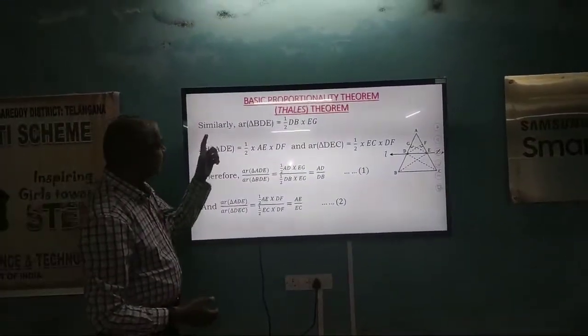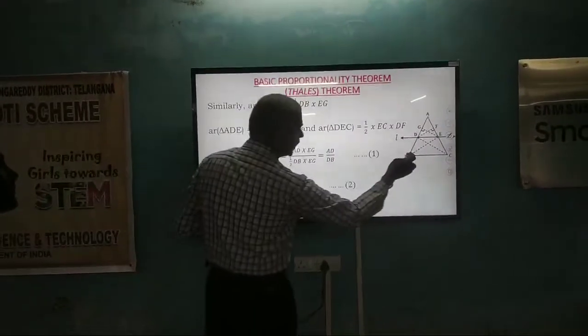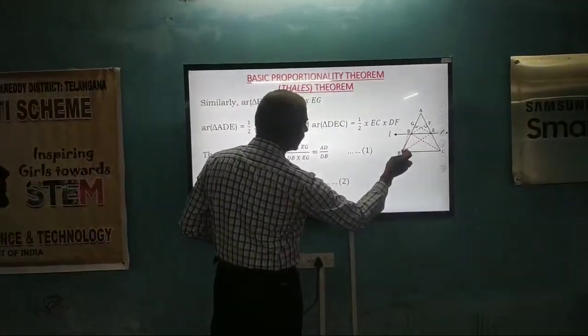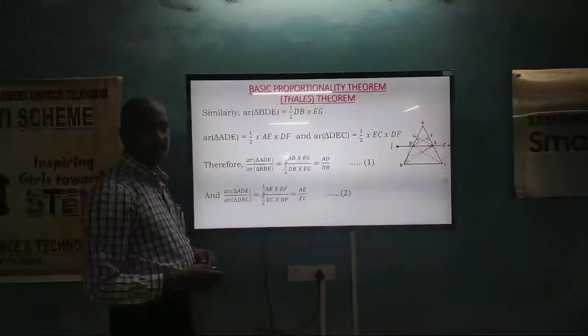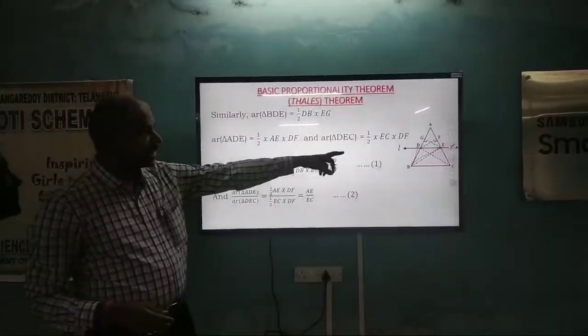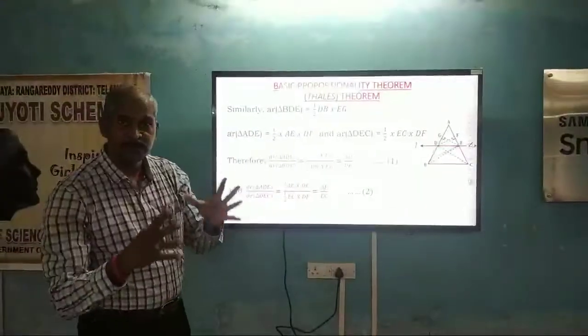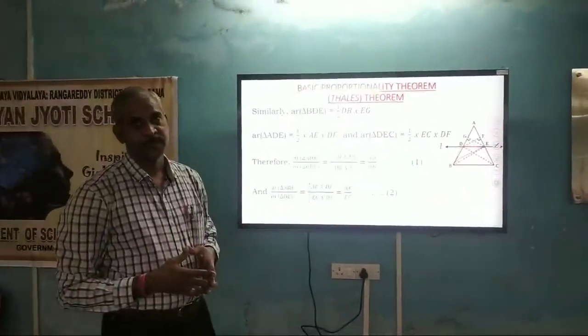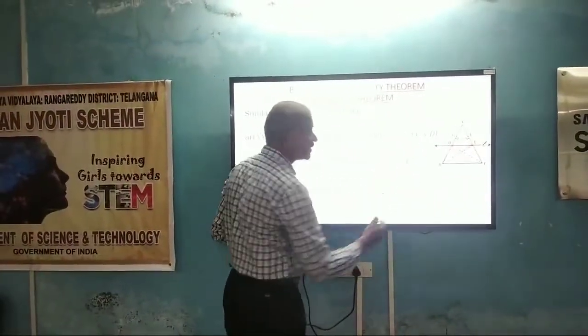Next, we will find the area of BDE. If you observe this triangle BDE, this is an obtuse triangle. This angle is more than 90.